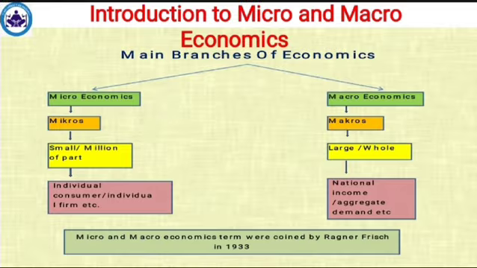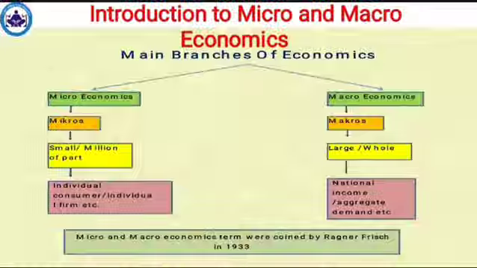For example, individual consumer, individual firm, particular commodity, etc. The term macro is derived from Greek word macros, which means large, whole, entire, total, aggregates, etc. For example, national income, aggregate demand, aggregate supply, etc.